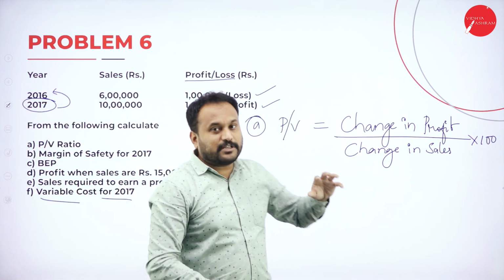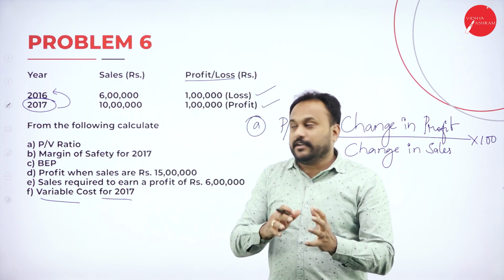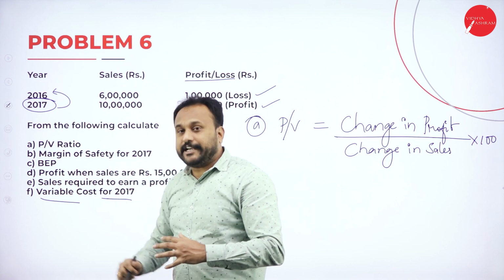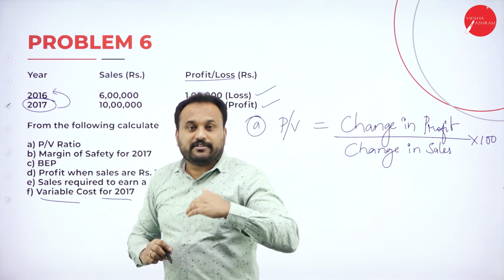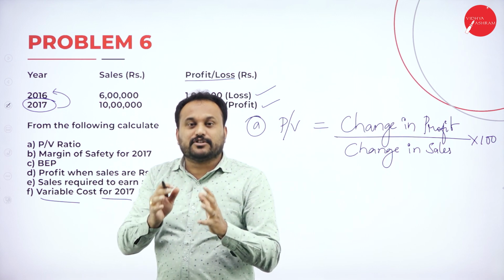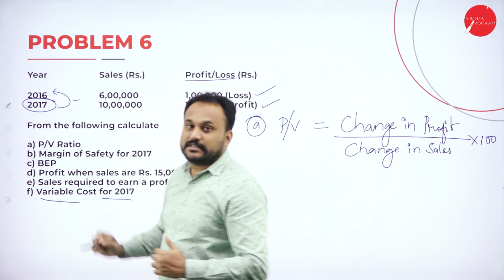So here we need to go with the current year and the previous year. According to this question, current year is 2017, previous year is 2016, and whenever it is a change, it is always subtraction. We are supposed to subtract it. Here minus is what we are supposed to do.